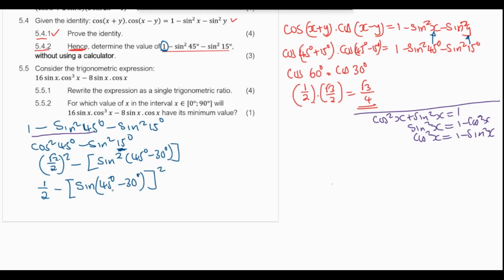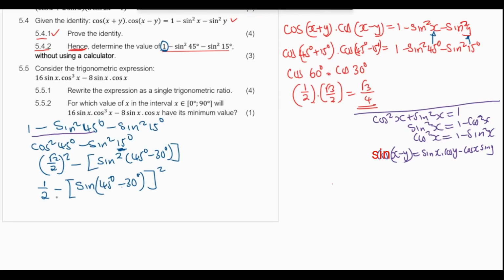Okay, and then remember our compound angle formula. Compound angle formula is in the form sine of x minus y is equal to sine x times cos y minus cos x times sine y. So we can use this. 45 is like our x and 30 is like our y.